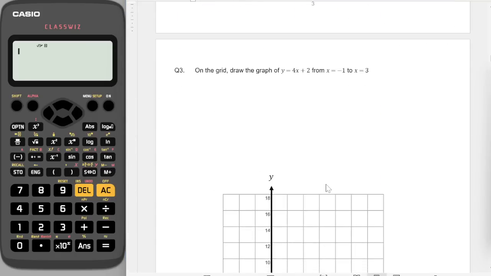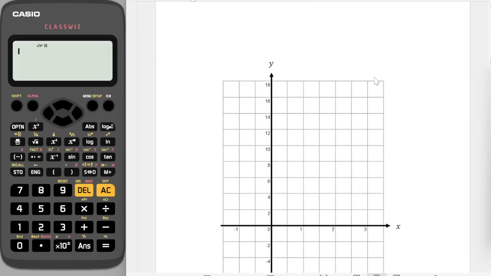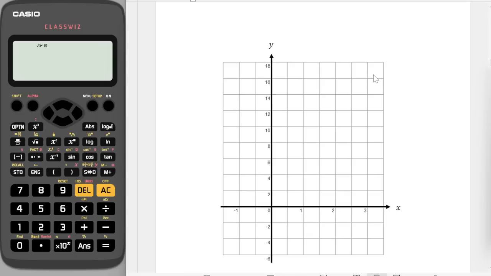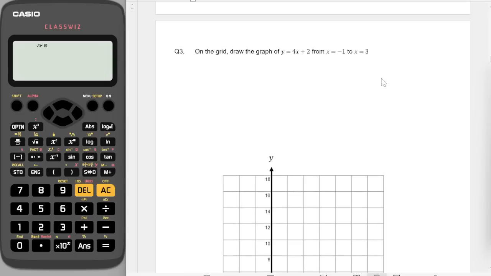Okay, question 3. On the grid, draw the graph of y is equal to x plus 4 from the values of x equals -1 up to x is equal to 3. So I'm going to go from properties of a graph. So I'm going to say that y is equal to mx plus c. So I'm looking for a line with a gradient of 2 and an intercept on the y-axis of, other way around, sorry, a gradient of 1 and an intercept on the y-axis of 2.